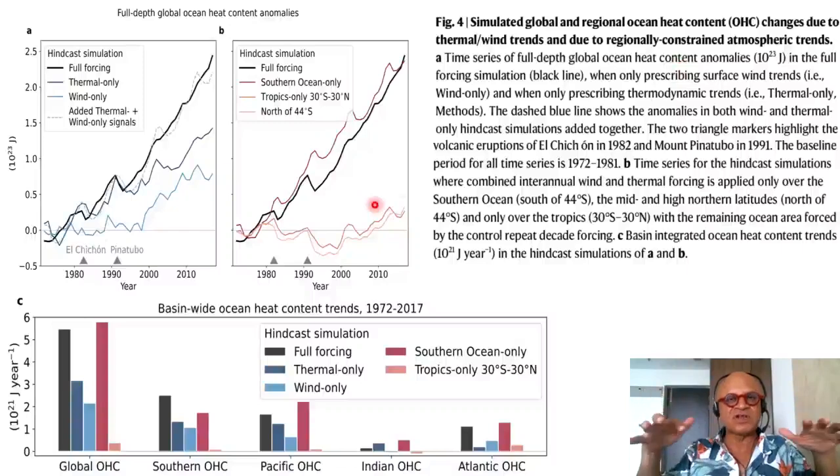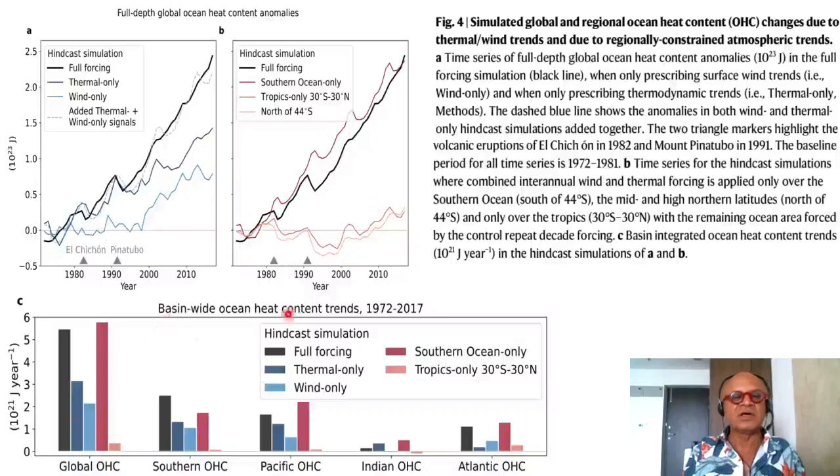So the forcings are then constrained by other methods in terms of fluxes being given to the model, and then there are these experiments of holding the winds constant and the thermodynamic variables constant. I won't go into the details here, but you can see the hindcast simulations again, looking at full forcing, thermal only forcing, wind only forcing, and added thermal plus wind only signals.